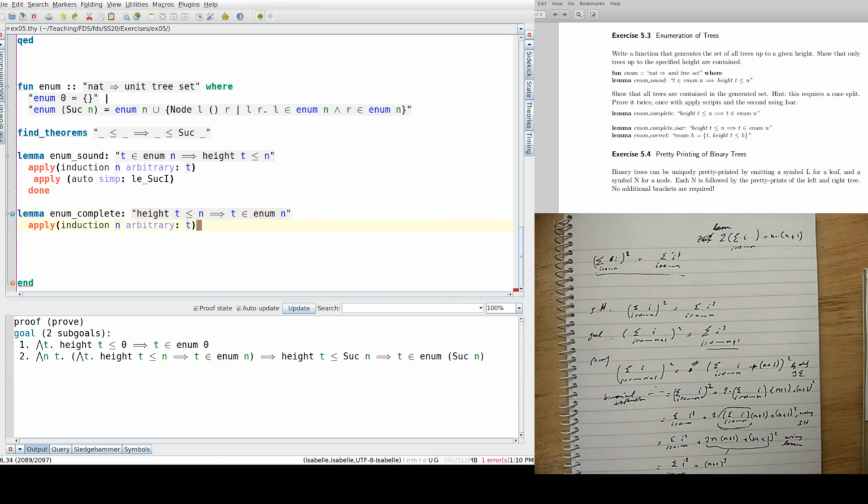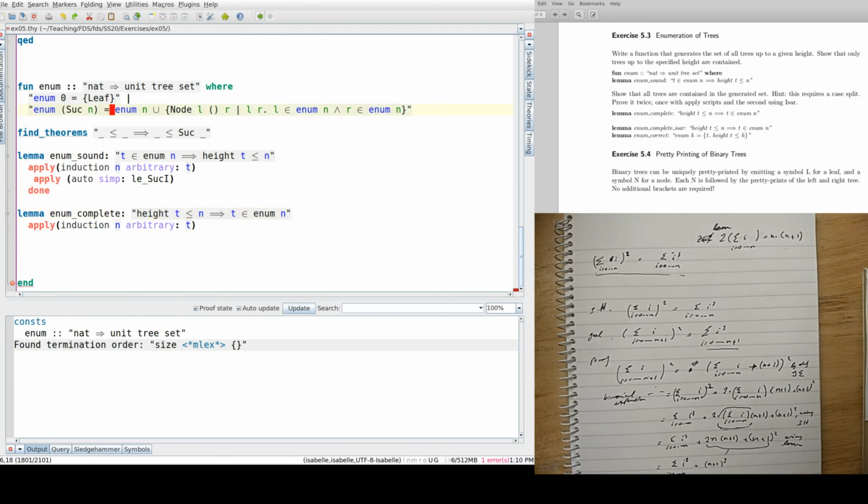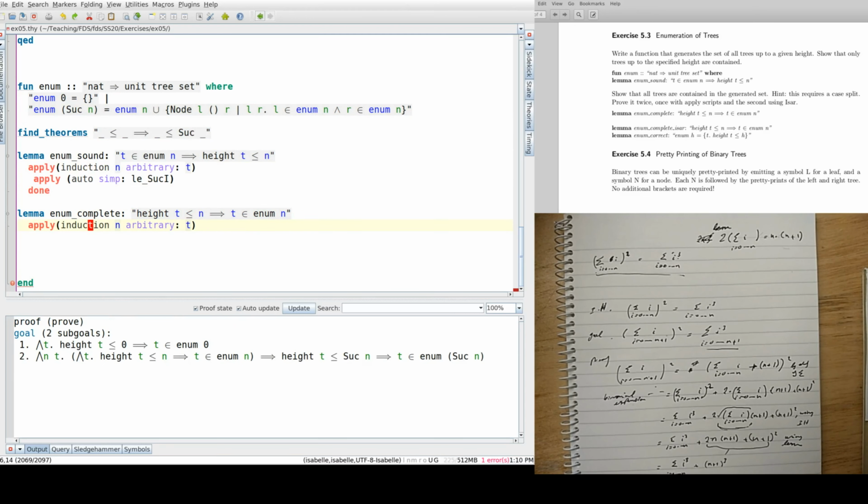So I think the problem is in the definition here. This enum of 0 should actually give us a singleton set that has only a leaf. So that's actually a problem that I just found out. So basically the other definition is also sound, but it's not complete. The definition we did last time is not complete because of this specific counterexample that will be found shortly.